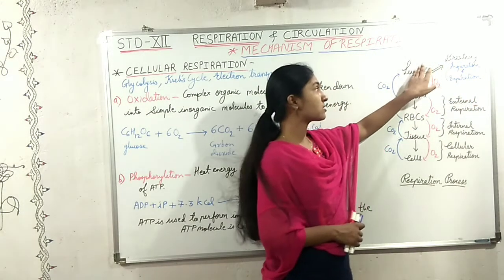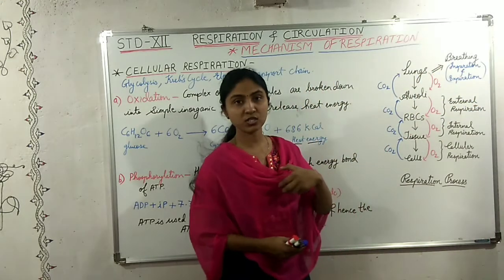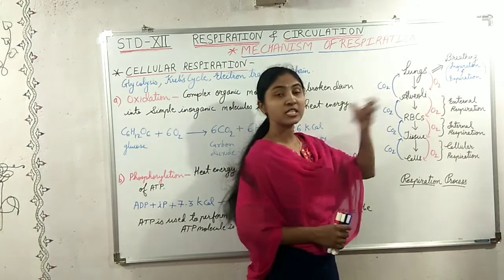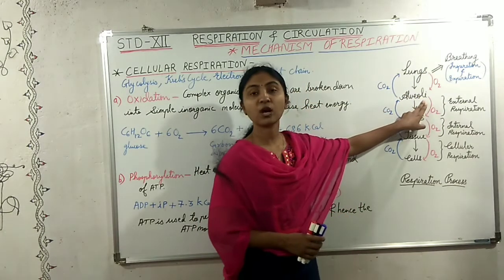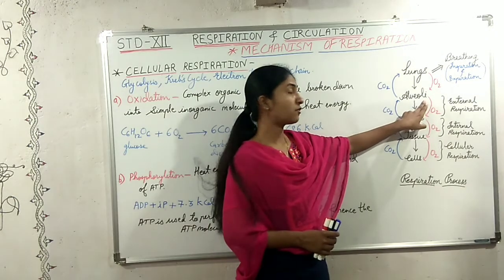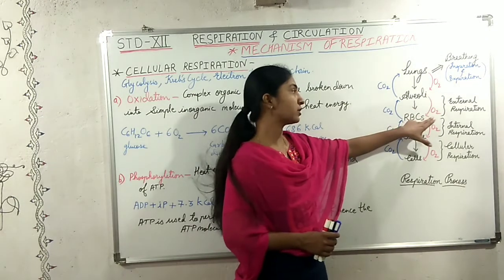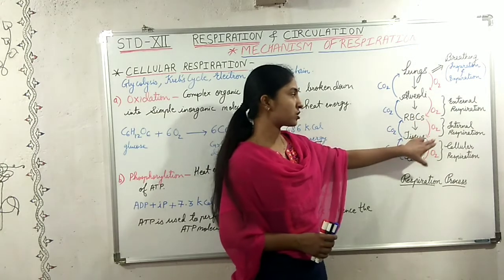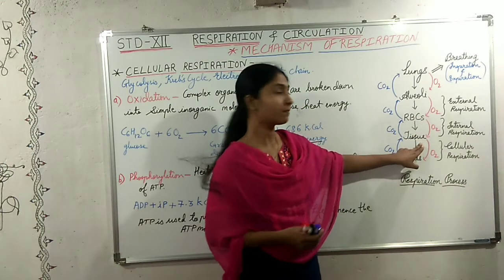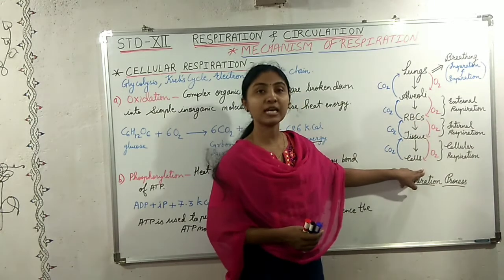When we inhale, the oxygen is transferred to the alveoli. From the alveoli, it is transported to RBCs. From RBCs, the oxygen is transported to tissues, and from tissues to the cells.